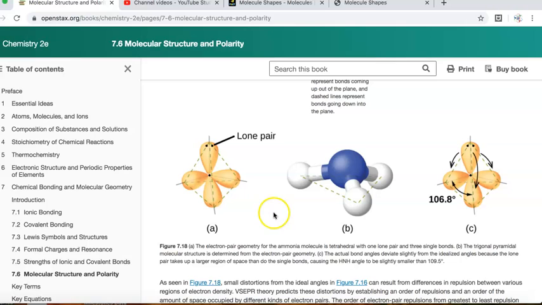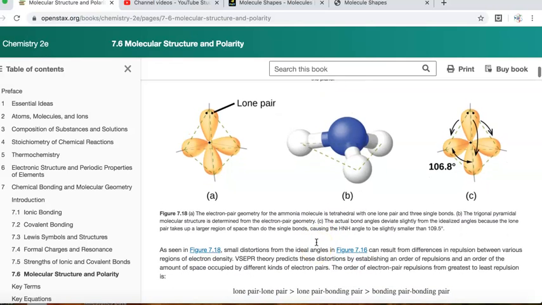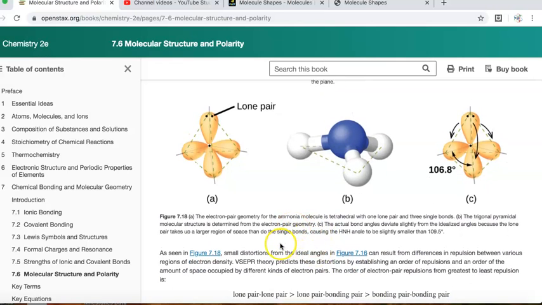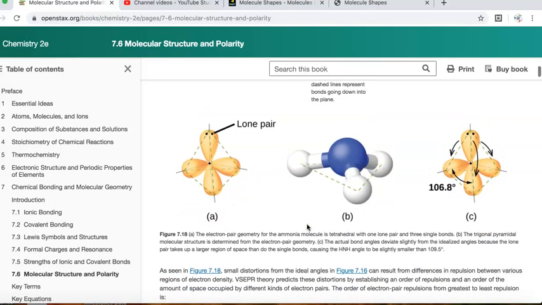But when we have something like ammonia, when we have a lone pair, that is going to have a different molecular structure. Ammonia still has 4 electron pairs. Ammonia's formula is NH3.